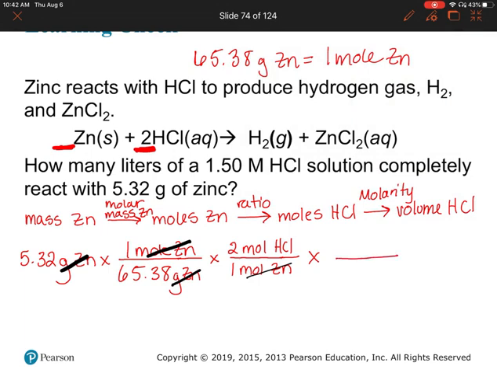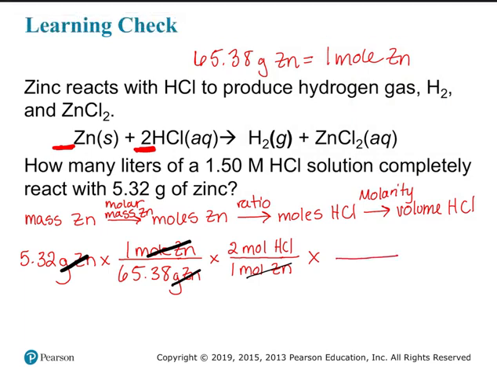And then in the last step, we're going to use our molarity of hydrochloric acid to get to the volume of hydrochloric acid solution. All right, so we were told that there's 1.5 moles of hydrochloric acid for every 1 liter of solution. So let's write that out up above.